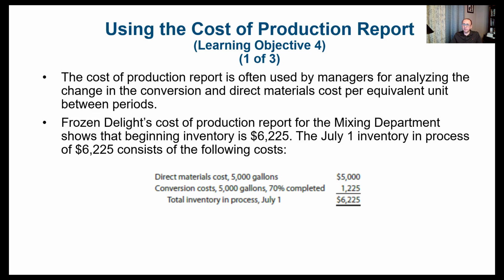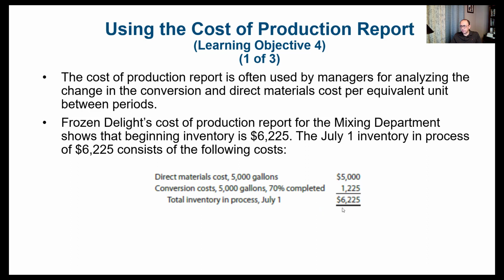So in our example here, Frozen Delight's cost of production report for the mixing department shows that beginning inventory is 6,225. The July 1st inventory in process of 6,225 consists of the following. We have direct material of 5,000, and we have conversion costs for the 5,000 gallons, which were 70% completed, for a total of 1,225.